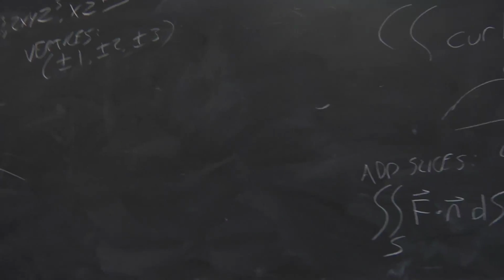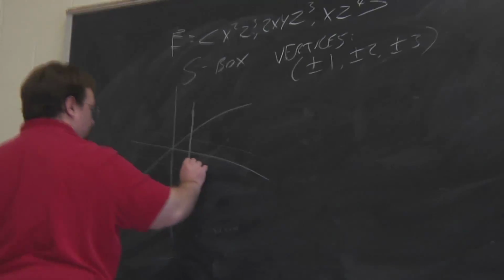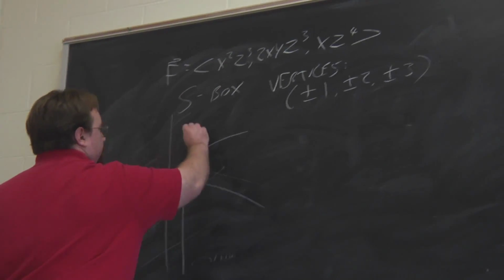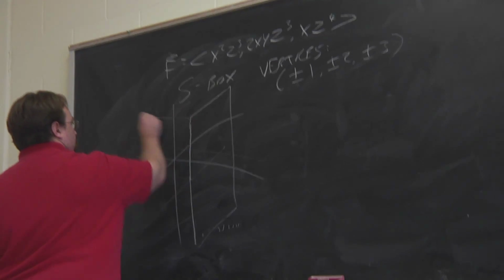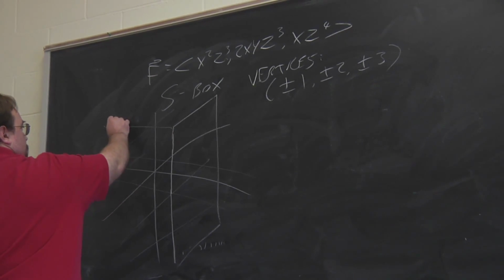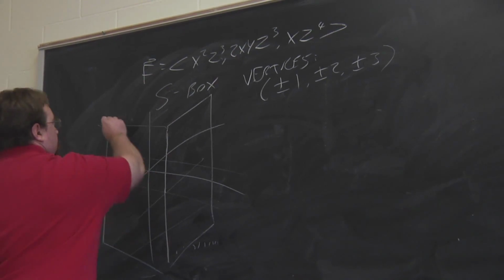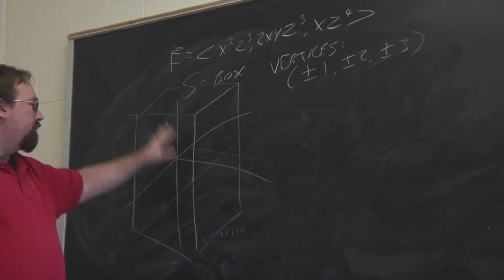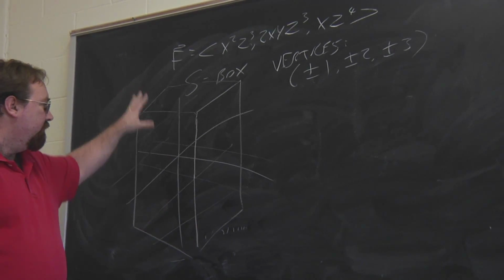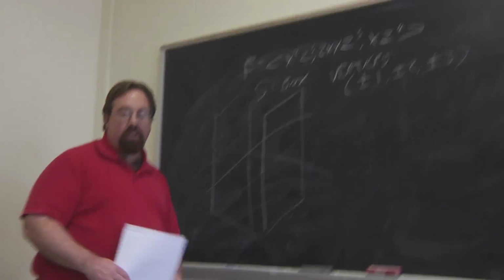So it's going to be something like this: it's not all that thick in x, it's somewhat thicker in y, and the largest dimension is along z.